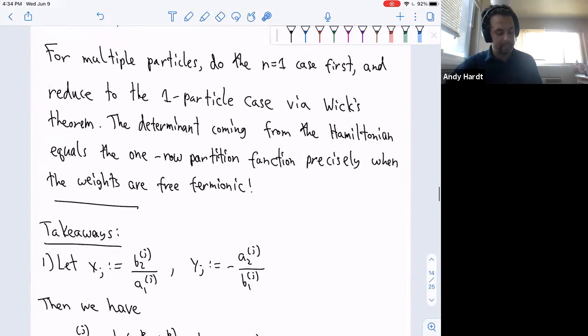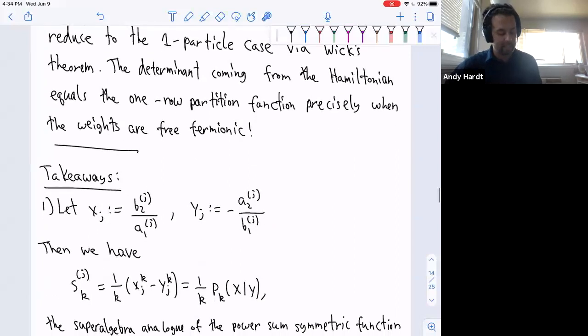One is, okay, let's set x sub j equal to this, y sub j equal to the negative of that, and then this s sub kj simplifies to this function, which some of you may recognize as the supersymmetric analog of the power sum formula. So it means that we don't just have Schur functions as our partition functions. They're not just Schur functions, but they are this supersymmetric generalization of the power sum symmetric function.